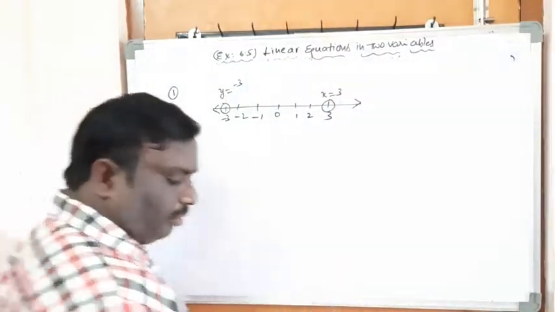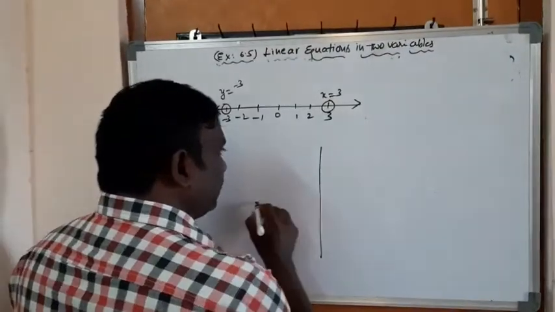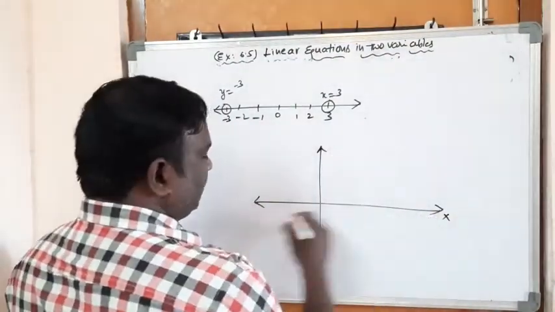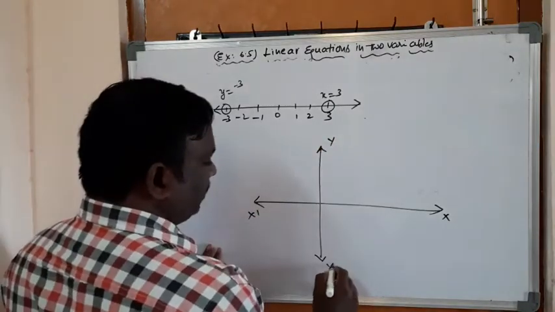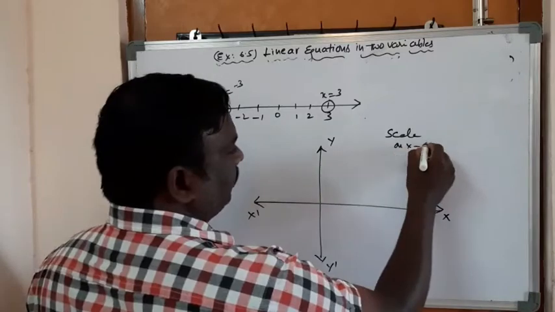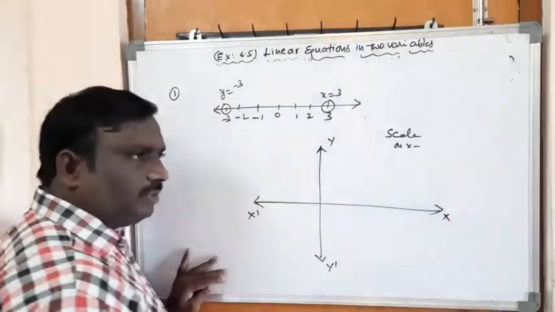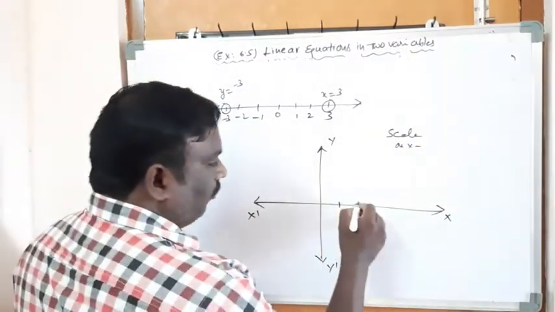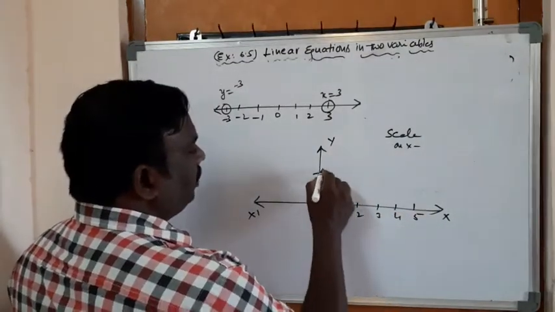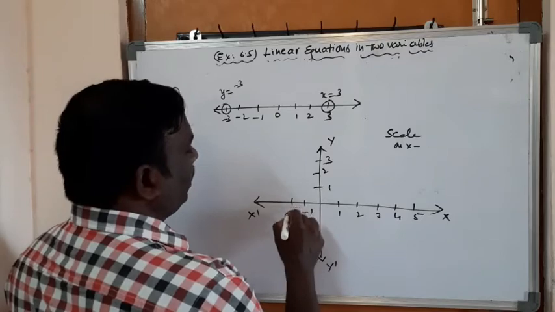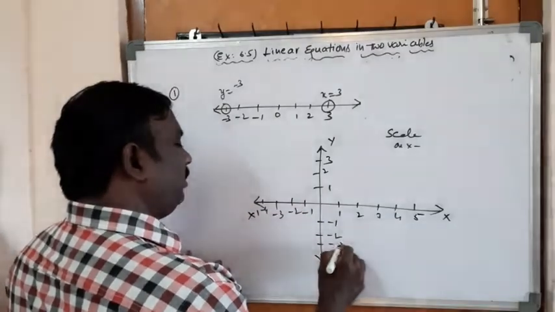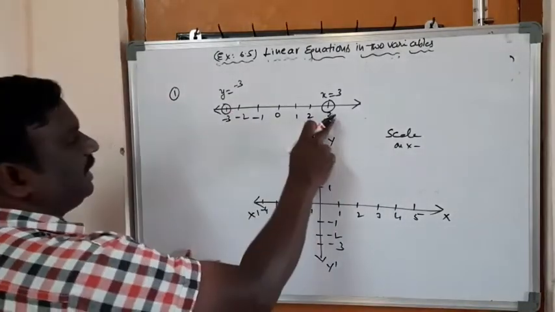On the graph, draw X dash, Y dash, and write the scale: on the x-axis 1 centimeter equal to 1 unit, on the y-axis 1 centimeter equal to 1 unit. Write 1, 2, 3, 4, 5, and minus 1, minus 2, minus 3, minus 4 on both axes. So the first question they are asking is x equal to 3.